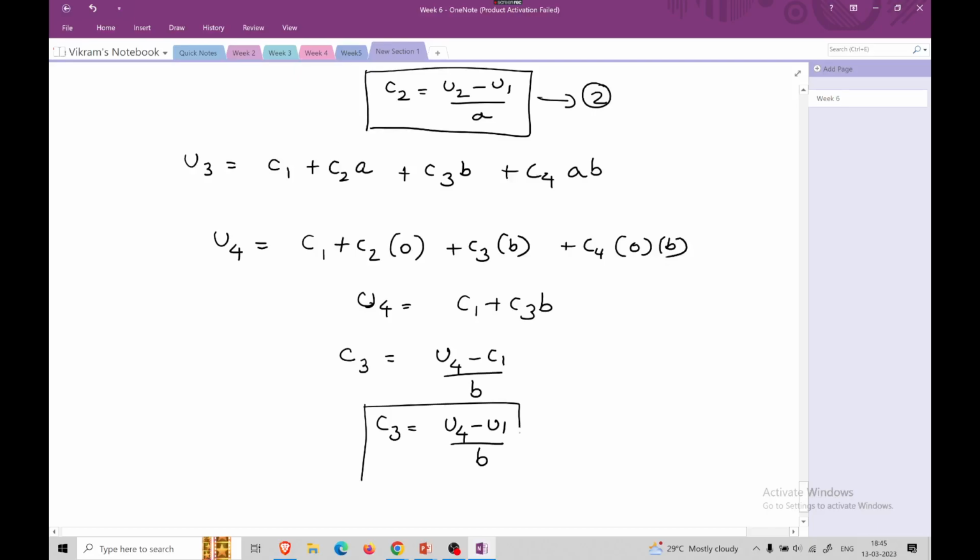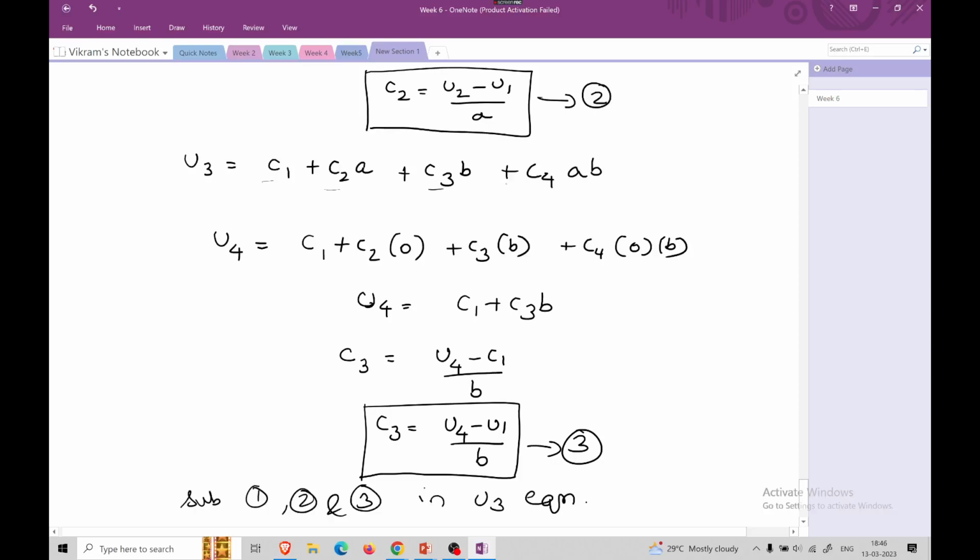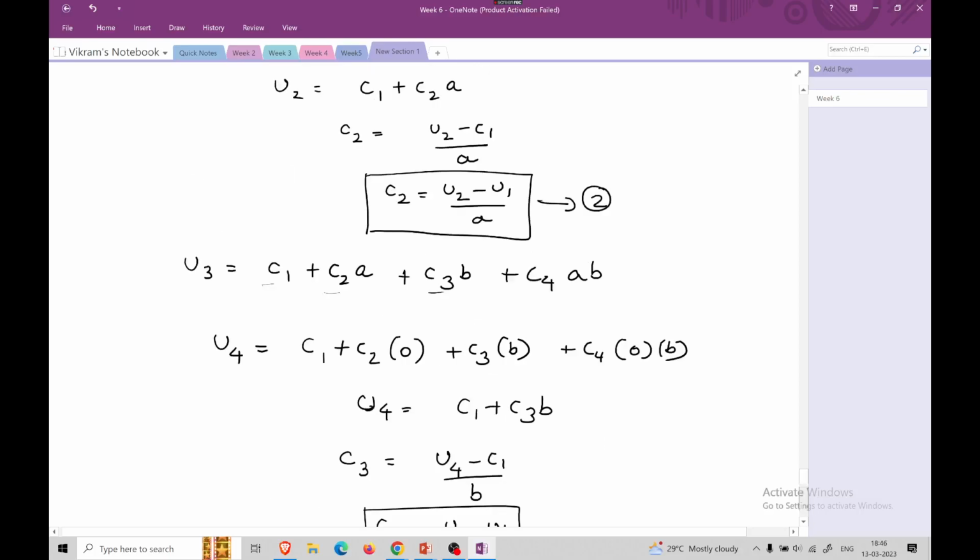Now these 3, 1, 2 and 3, I can substitute in the U3 equation. So C1, C2, C3 I can substitute, and I can get C4 now. From that equation, C4 is nothing but U3 minus, bringing all terms except this one to the left hand side, U3 minus C1 minus C2A minus C3B, by AB.